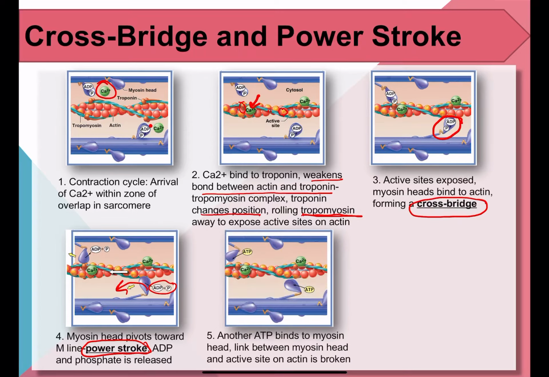And now another molecule of ATP is needed to release the myosin head from the G-actin and swing it back into the original position. Okay, so ATP binds, releases that bond of the cross-bridge, and then your myosin head will swing backwards and sit back down in that resting position, and then it's going to get ready for that next binding and pull.